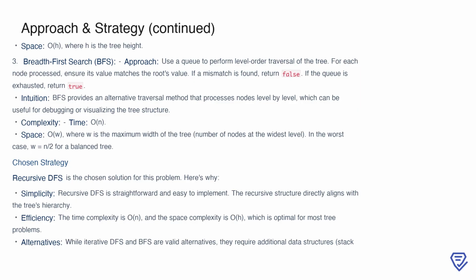BFS is particularly helpful for visualizing or debugging the tree structure due to its level-order nature. The time complexity remains O(n), as each node is visited once, but the space complexity is O(w), where w is the maximum width of the tree, or the number of nodes at the widest level. For a balanced tree, this width is typically n/2.